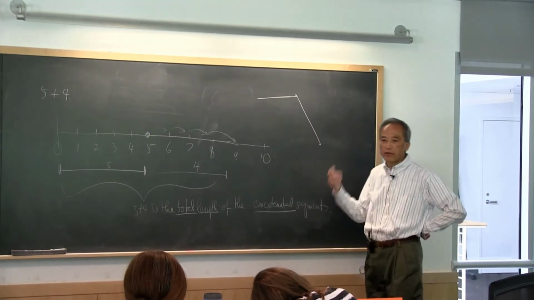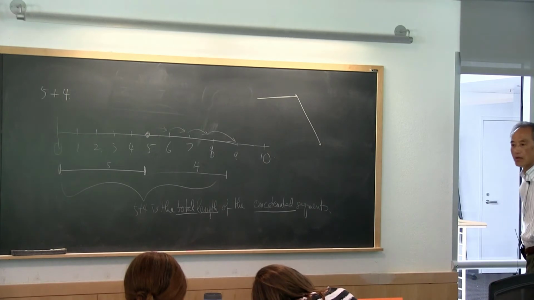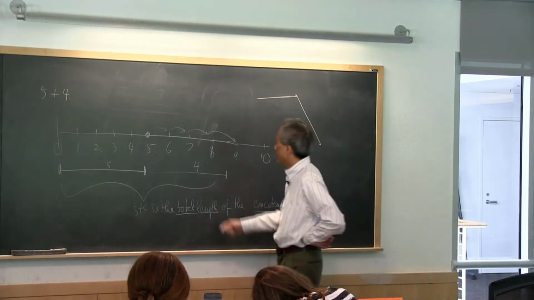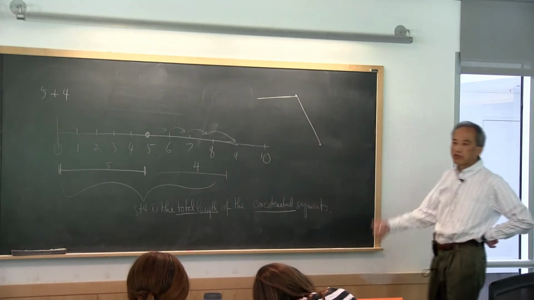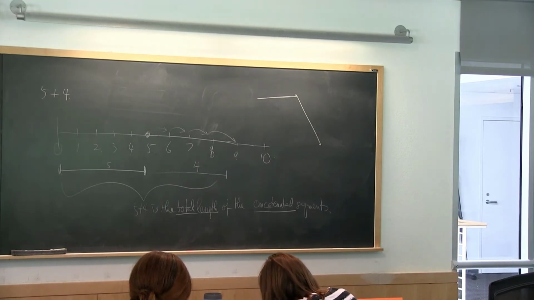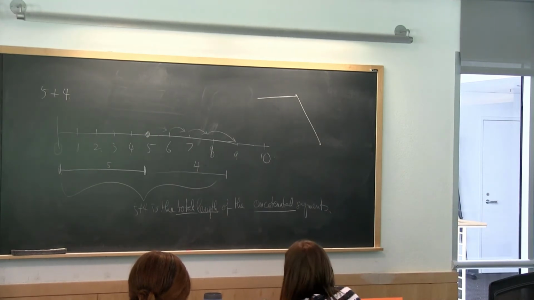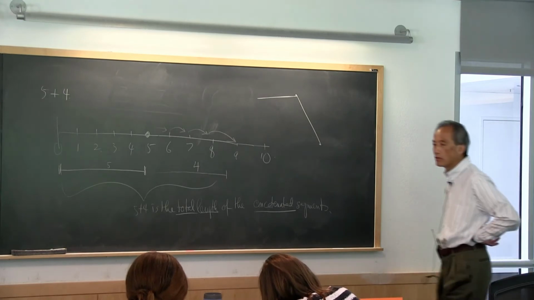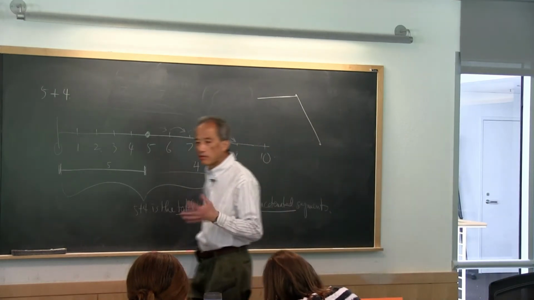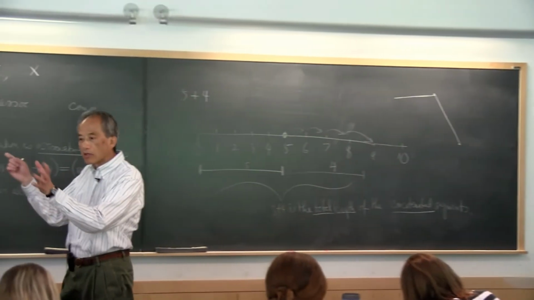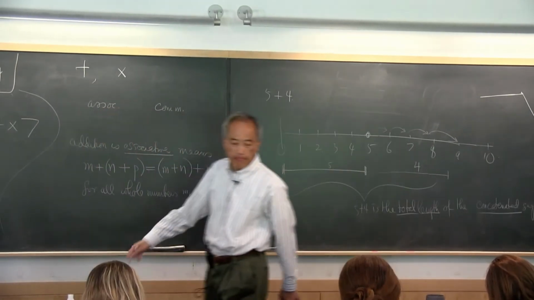So from this point of view, you have a geometric picture of addition. Now this is important. The fact that addition for whole numbers can be represented geometrically as just concatenation. Okay?